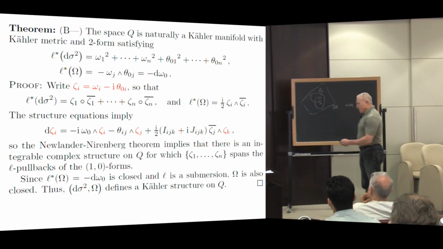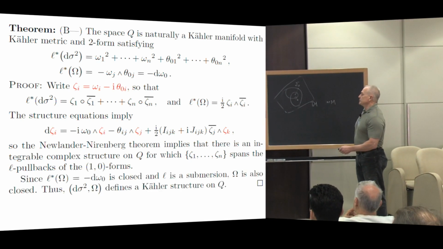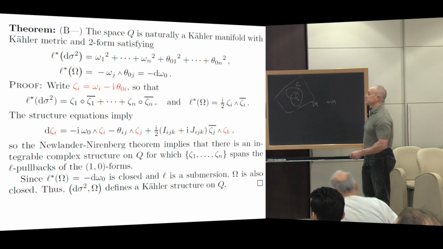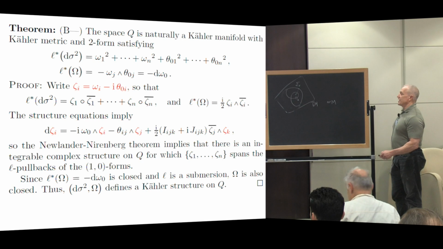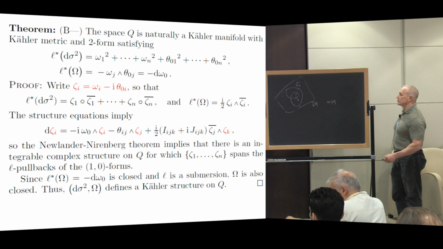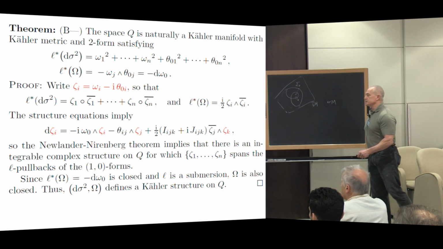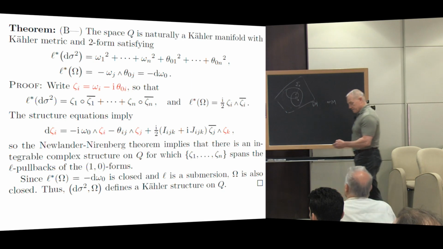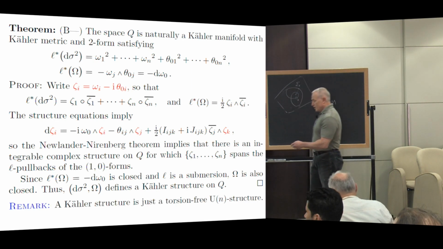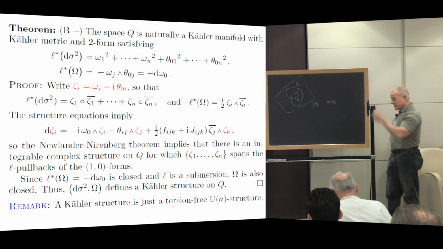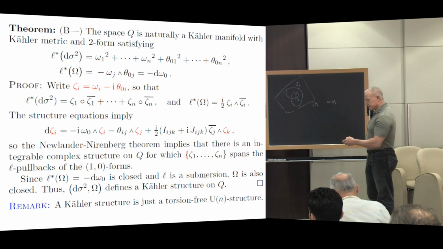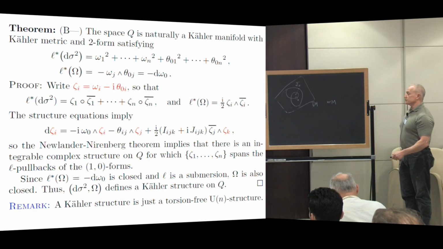And moreover, capital omega, which is the 2-form, is of type (1,1), and by definition it's closed. So omega is closed, and therefore, because you have an integrable complex structure with a closed positive definite (1,1)-form, this is exactly the data needed to define a Kähler structure on Q. And because this ties in with what I'm going to say next, I'll remark that a Kähler structure is exactly the same thing as a U(n) structure that's torsion-free.